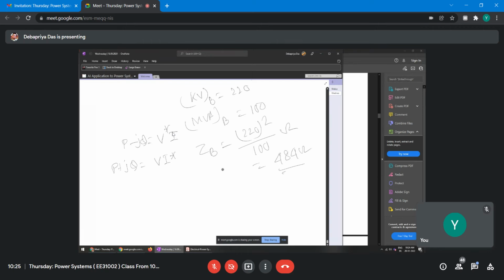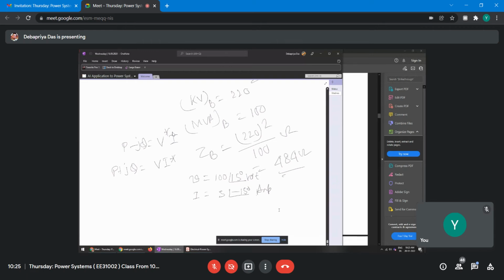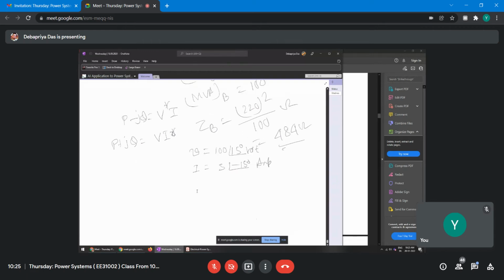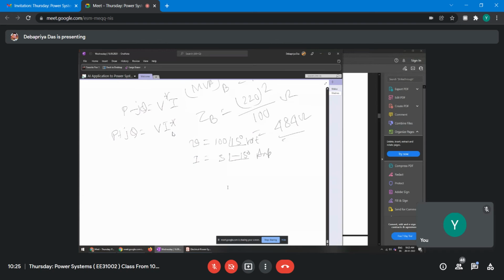For example, suppose V is equal to 100 angle 15 degree volt, the voltage across a branch, and the current through this branch is 5 angle minus 15 degree ampere, right? If you draw the phasor diagram, suppose this is your reference line.